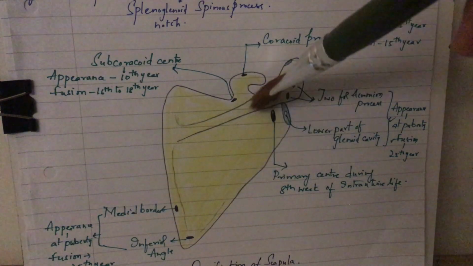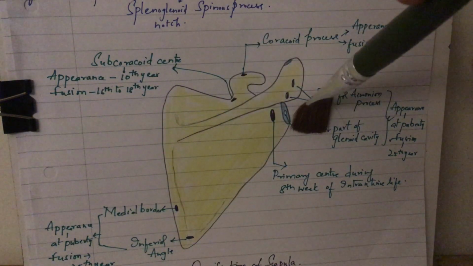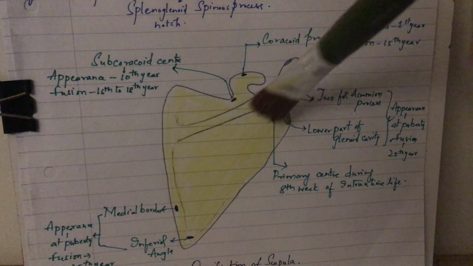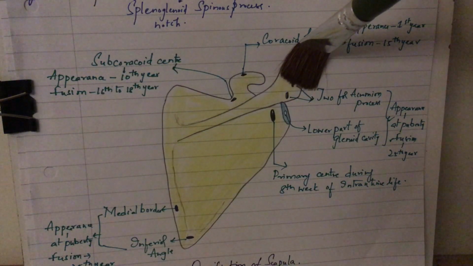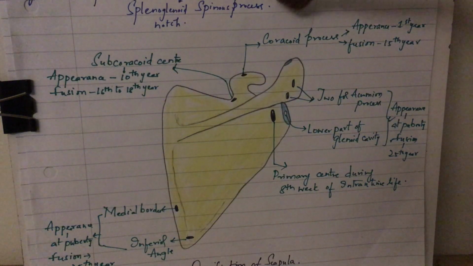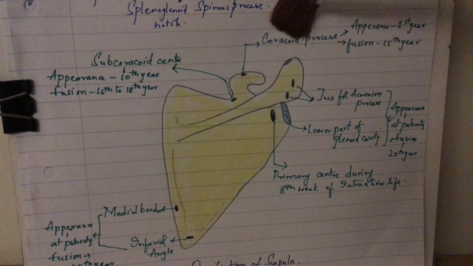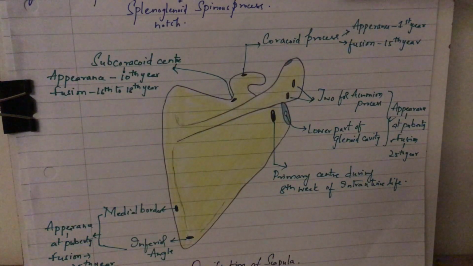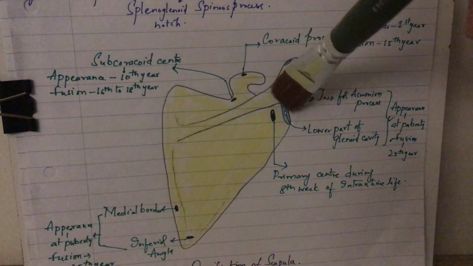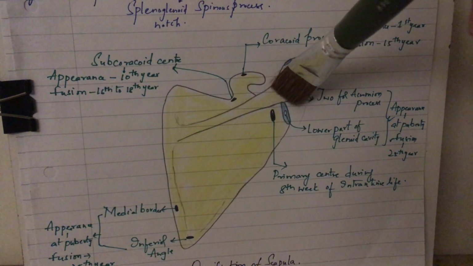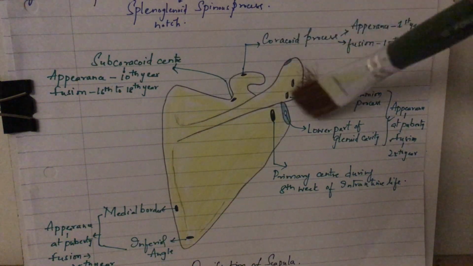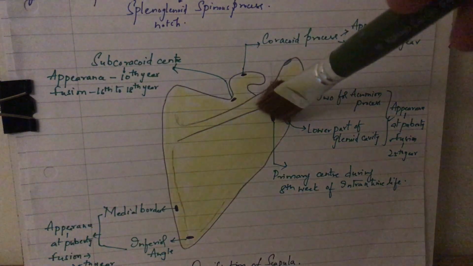The fact of practical importance is concerned with the acromial process. If the two centers in the acromion fail to unite, it may be interpreted as a fracture on radiological examination. So the importance is in the centers present in the acromion: if they don't unite, it may be falsely interpreted as a fracture.